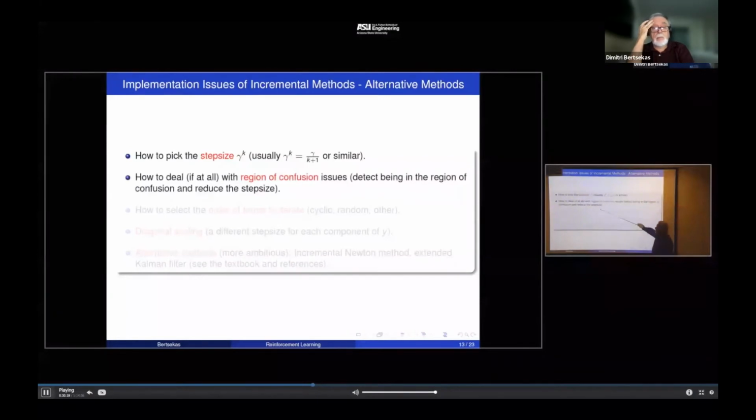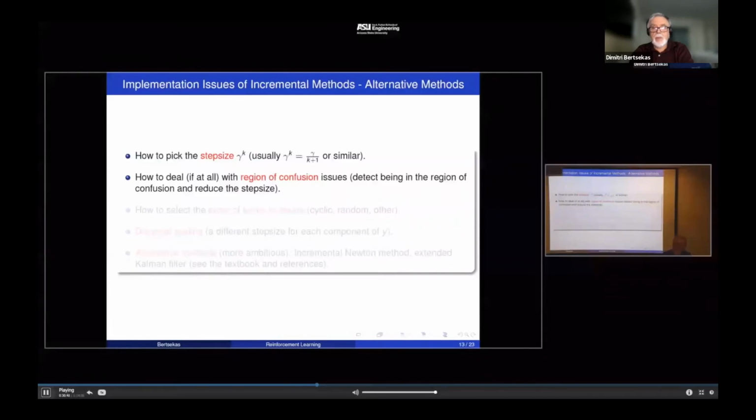Remember that the incremental method generally gets confused in a region around the minimum. So how do you deal with that? Is it possible to detect when the method is getting confused and reduce the step size? Okay, that seems like a good idea. And indeed, there are methods that adjust the step size by detecting whether you are in the region of confusion or whether you're not. Yes?